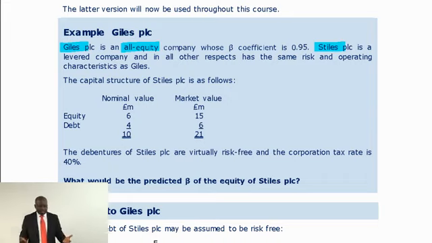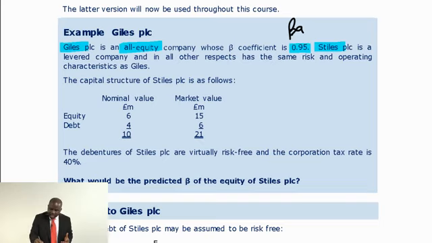In the first place, because Gauss is all equity, Gauss hasn't got any debt. So Gauss is ungeared. So the beta of Gauss of 0.95 is what? Asset beta. It's an ungeared beta. It's measuring only business risk. I need the beta for Stars, which is geared because Stars has what? Debt in its capital structure.